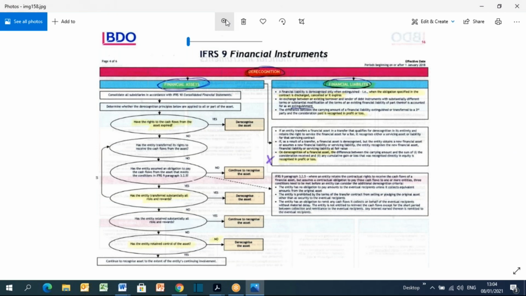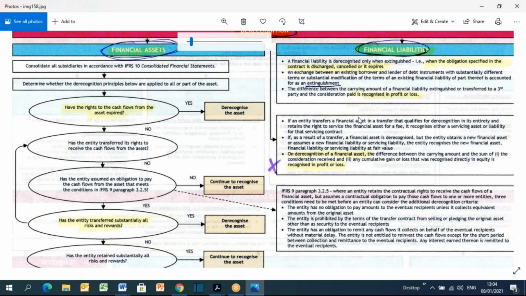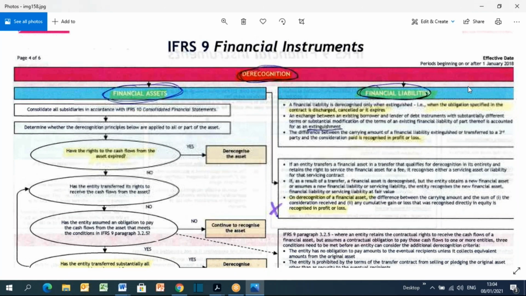Very, very important to remember from this standard is the derecognition, because often you will get a question in the exam that asks you, should that asset be derecognized, or should that liability be derecognized? So always remember this layout in here.